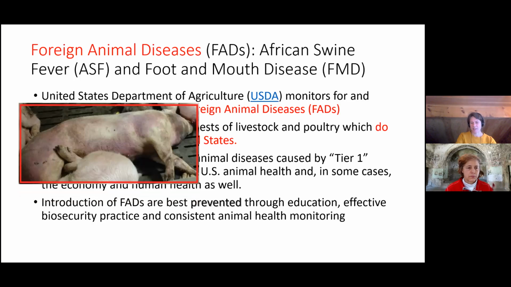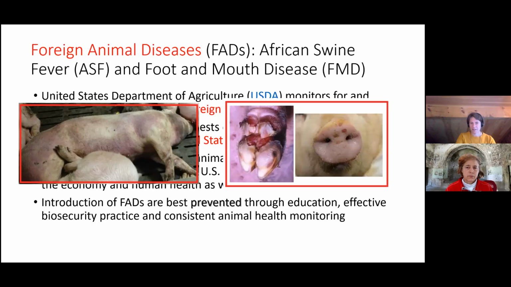So this is classified as a hemorrhagic disease, meaning there tends to be lots of bleeding. And then on the right, these are two pictures of a pig that is infected with the foot and mouth disease virus. You can see the sloughing of the hoof wall at the coronary band on the left. And then on the right, on the nose, you can see that's a ruptured vesicle. So those would be signs indicative of both of these foreign animal diseases.